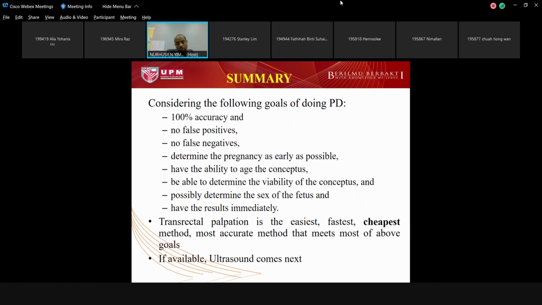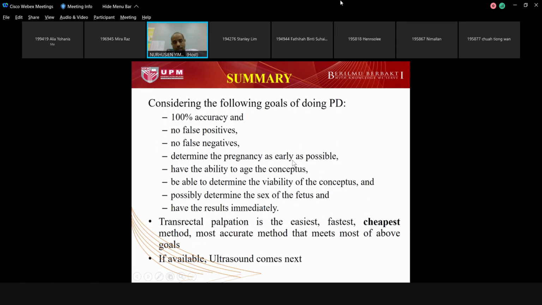So in summary, considering the various objectives of performing pregnancy diagnosis listed here: to be as accurate as possible, up to 100%, and to avoid any false positive or false negative cases, and be able to determine the pregnancy as early as possible after breeding, and of course also the ability to estimate the age of the fetus, determining the conceptus and the sex of the fetus.